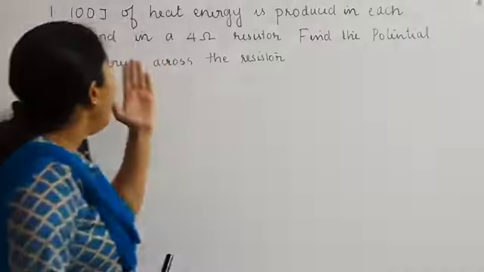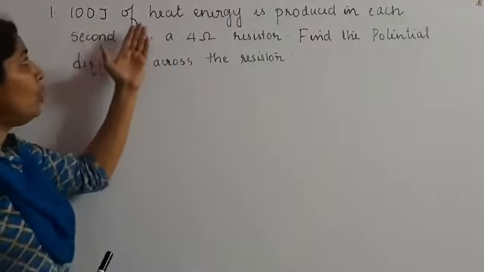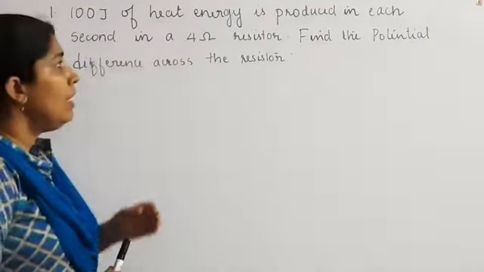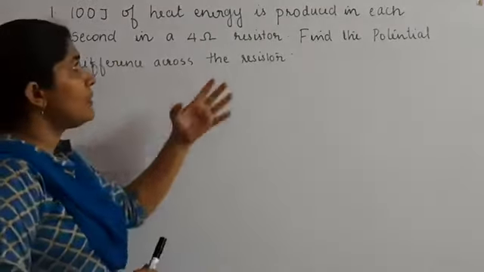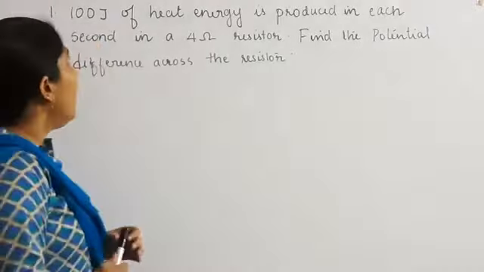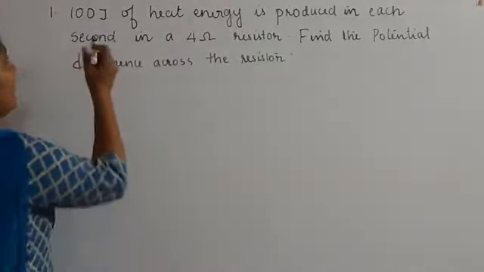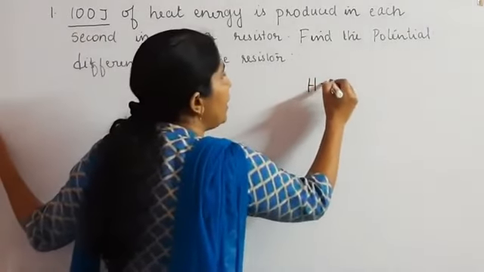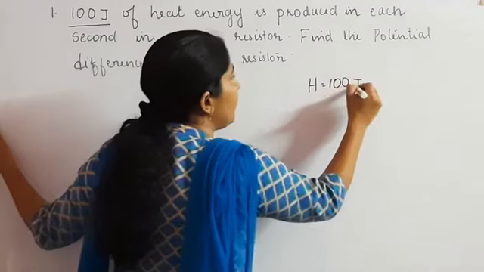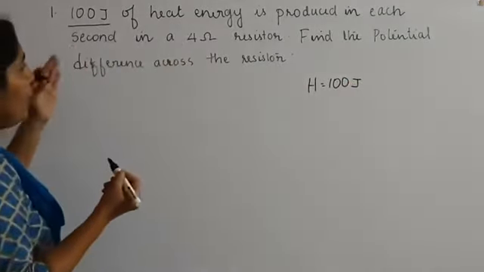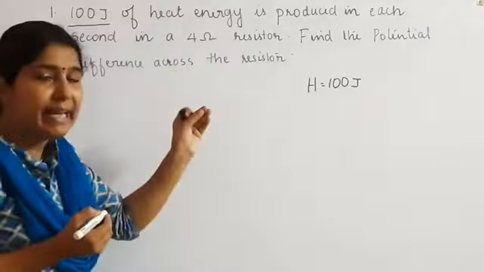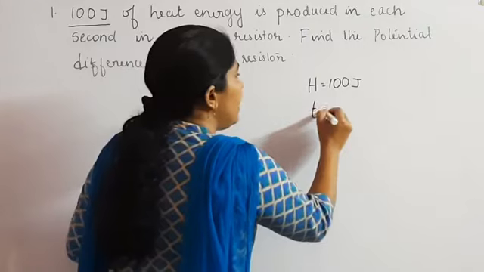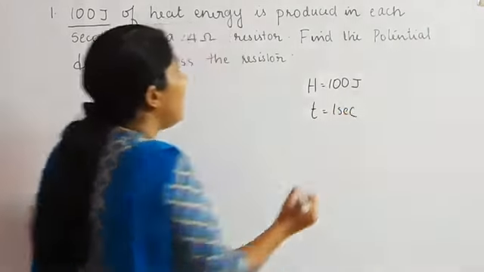Our first question: 100 joule of heat energy is produced in each second in a 4 ohm resistor. Find the potential difference across the resistor. Here, heat energy given is 100 joule, produced in a conductor in each second, which means time t is equal to 1 second.